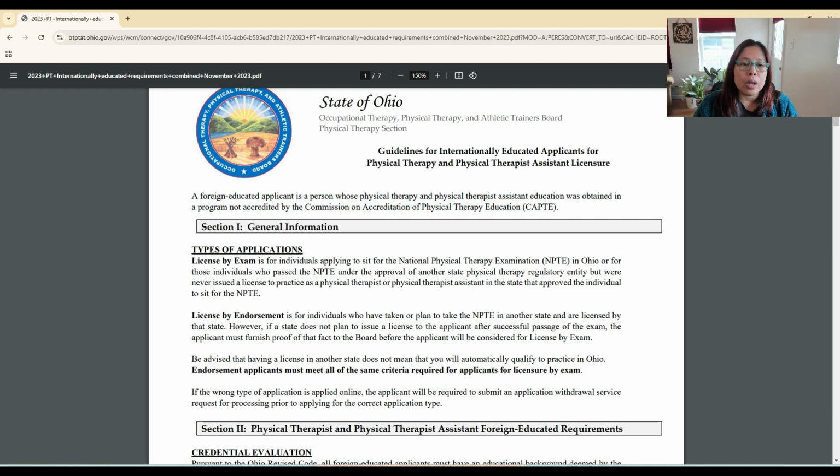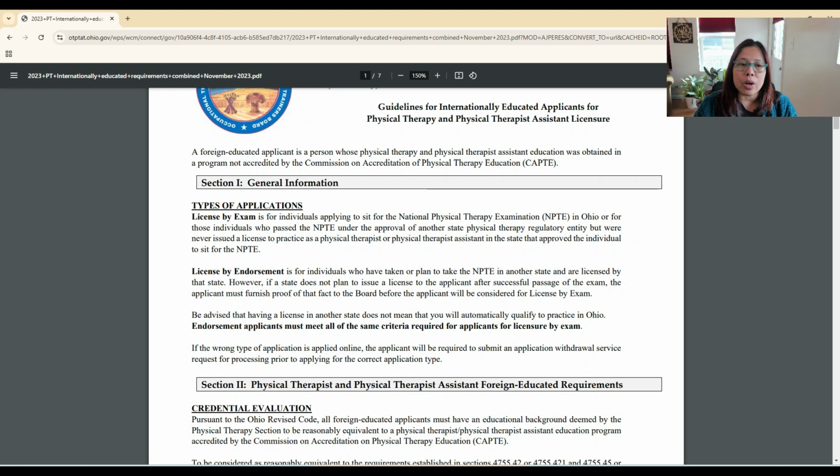Okay, so general information, there are two types of applications. One is licensure by examination, meaning you're going to apply to the state of Ohio by sitting for the NPTE and passing the NPTE. Okay, so let's read what it says.